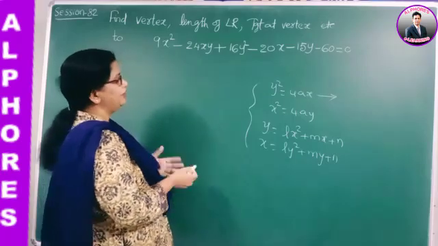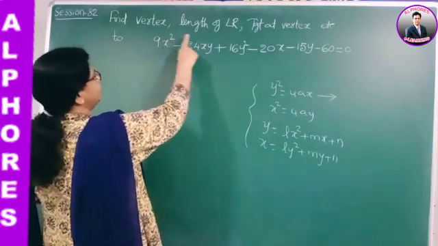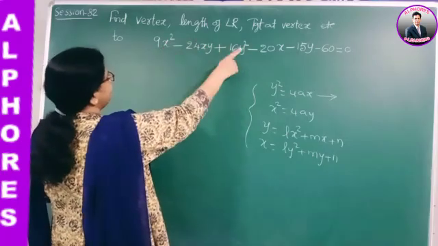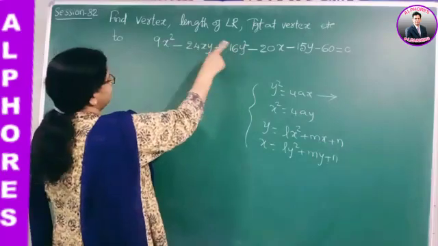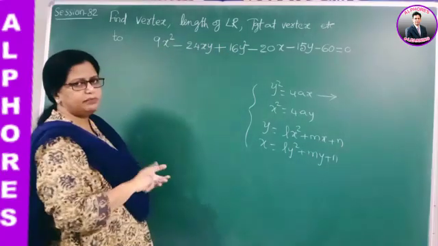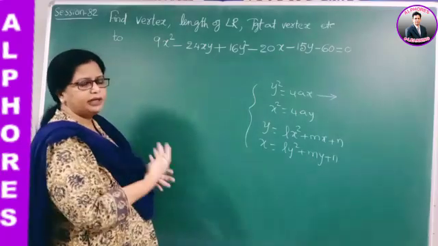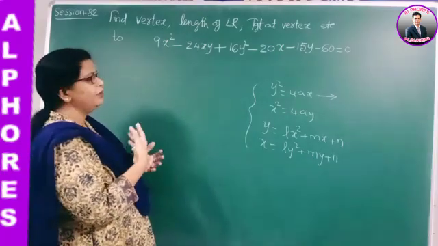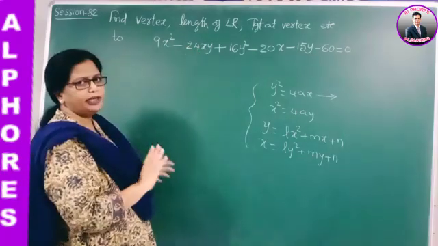But whenever any equation is coming as second degree in x and y, both x and y are coming as second degree, okay, in both x and y second degree, and the equation is a parabola, it means the axis cannot be either parallel to x-axis or parallel to y-axis. So what will happen here? It is surely an oblique parabola.